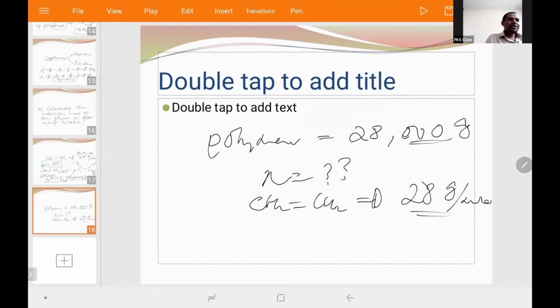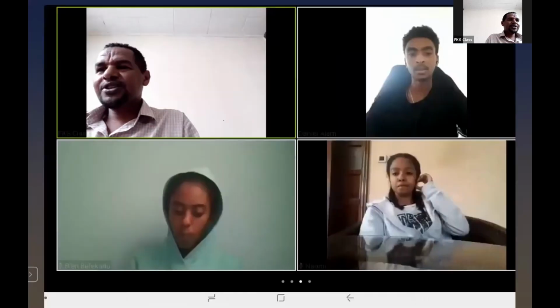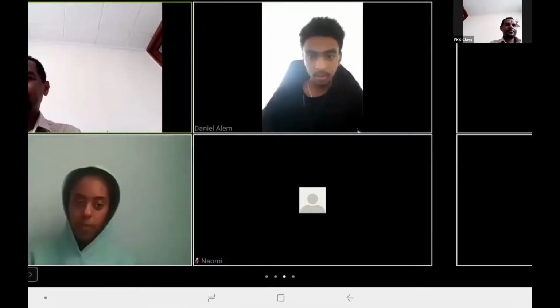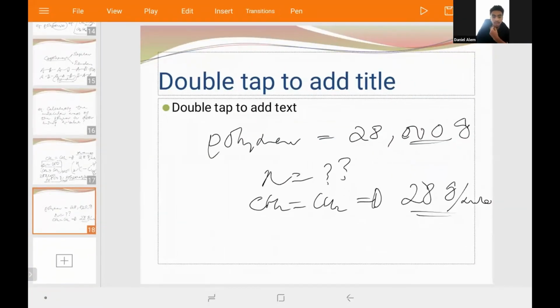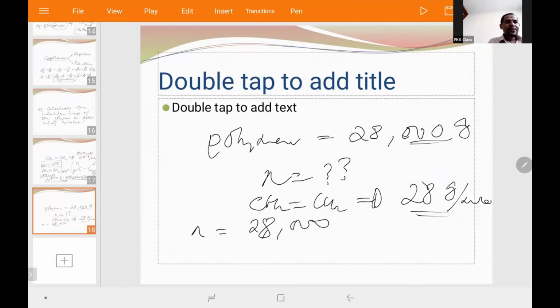Clear now? 1000, yes, excellent. So we divide: the N value is the molecular mass of the polymer, 28000, divided by a single unit, 28.